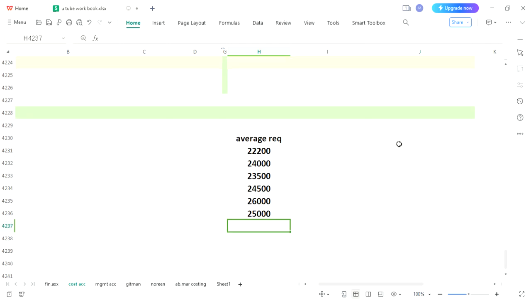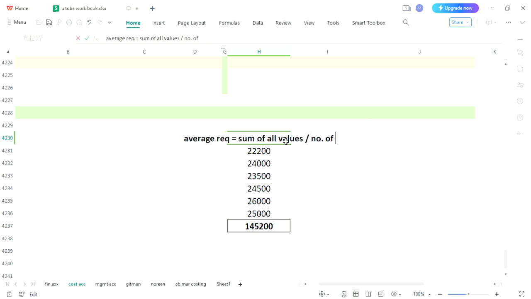The average requirement would be calculated by taking the sum as the first step. We will take help from Excel: write 25, 26, 24, 23, 24 and 22, all the amounts, and then add them. This is the total of all amounts of the different months. To calculate the average requirement, this sum is divided by the number of items, the sum of all values divided by the number of values.